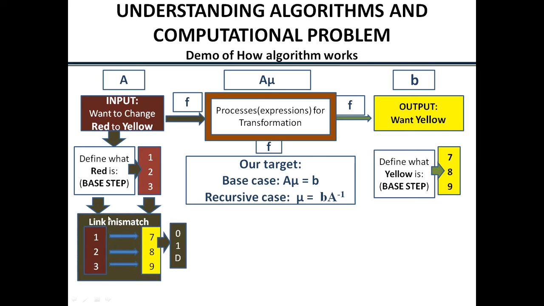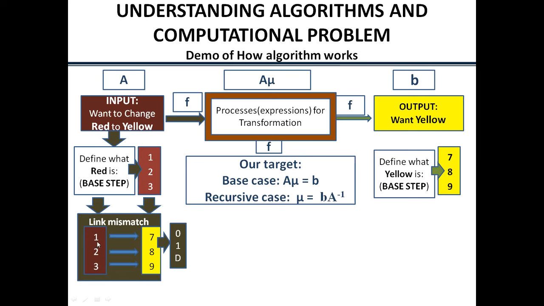Remember all the 5 functions we have written here. The first step was to define the color. That's why it's here. The best case has been done already. We define the color, and now we are trying to link. That is now the recursive stage.